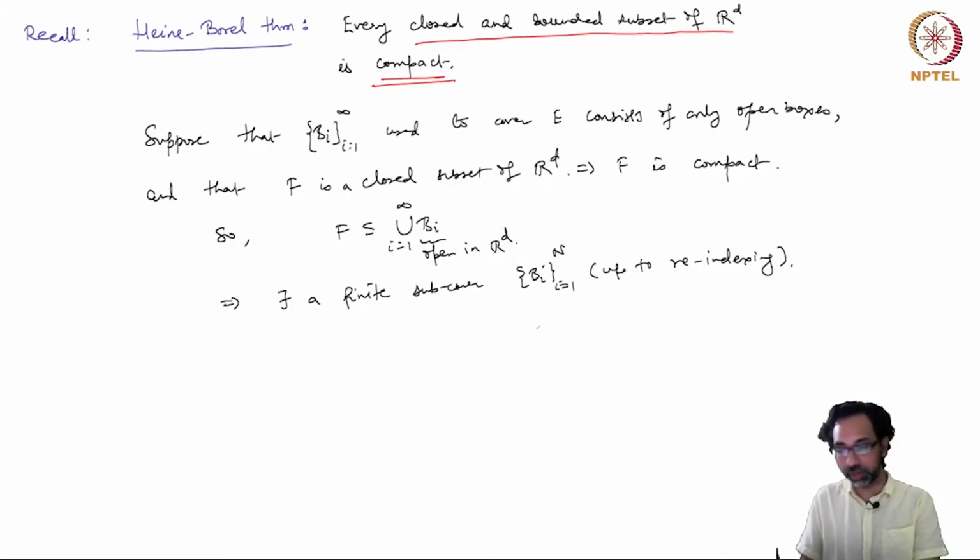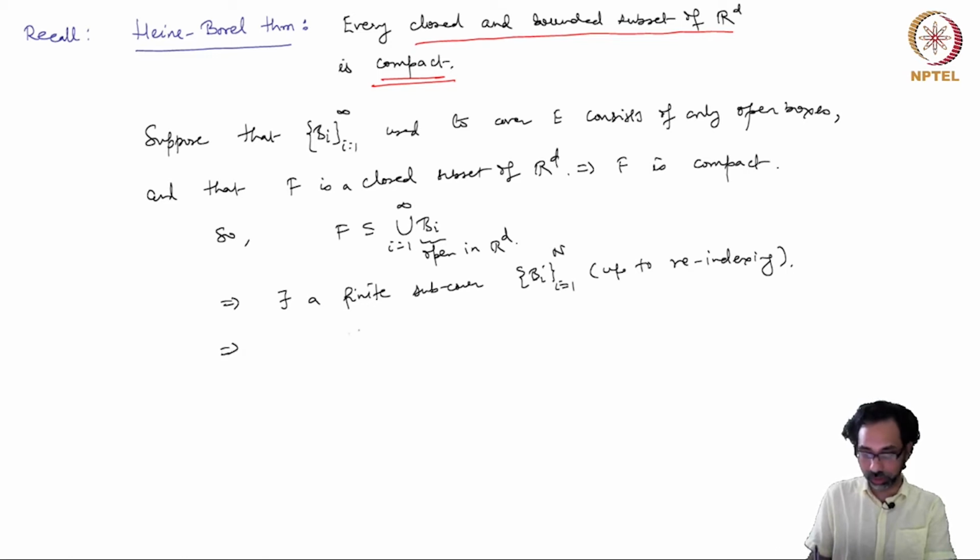If needed, we can re-index this collection B_i, take all the needed open boxes B_i for this finite subcover, and arrange them from 1 to n. So we can write that this finite subcover is the collection B_i from i equal to 1 to n.